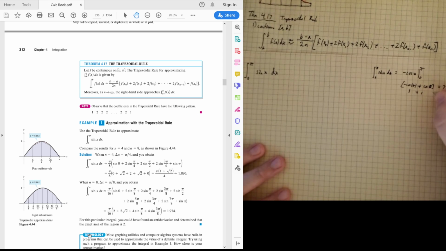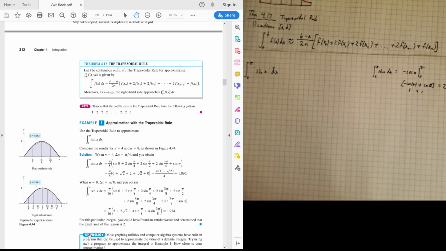Plus cosine of 0 is 1, which gives us the value of 2. There we go. And so we should get a value close to 2.